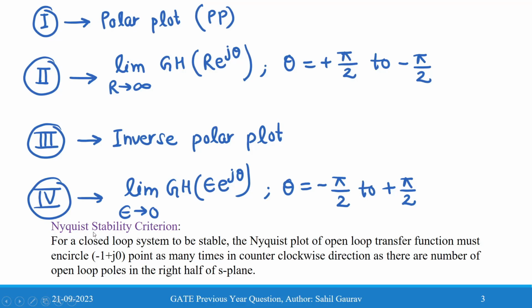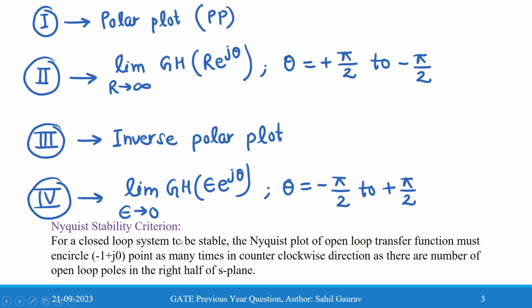The Nyquist stability criterion says that for a closed loop system to be stable, the Nyquist plot of the open loop transfer function must encircle the minus 1 plus j0 point as many times in the counterclockwise direction as there are open loop poles in the right half of the S-plane. Just keep this criterion in mind.